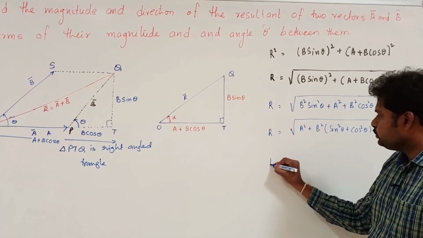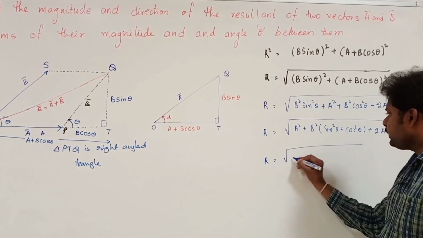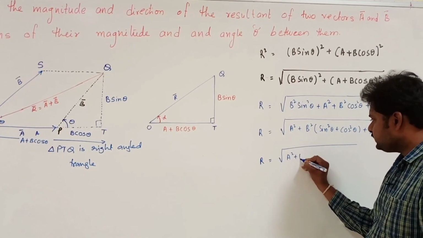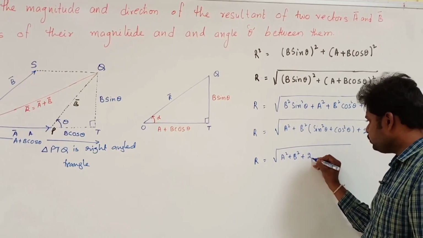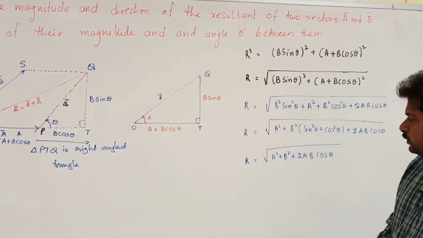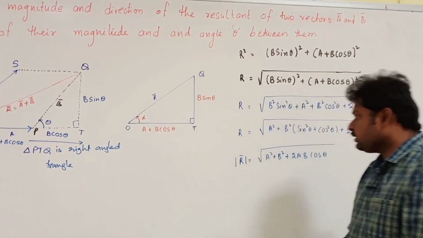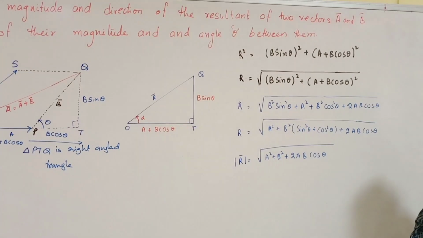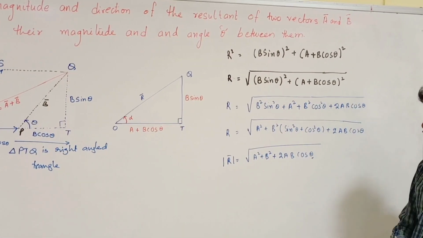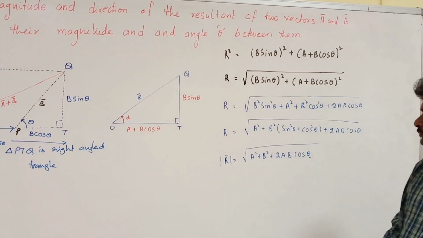Now, the magnitude R is equal to under root of A square plus B square plus 2AB cos theta. You can also write it as mod of vector R. The resultant all depends on theta over here. Of course, it also depends on A and B.